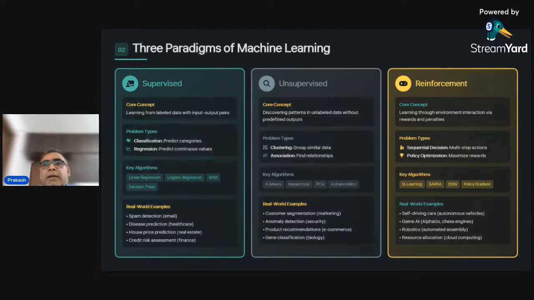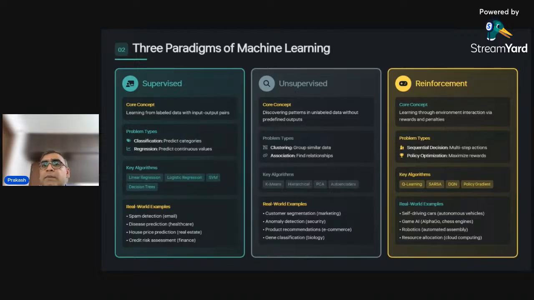Where you think, okay, if somebody bought this, there's a high chance that they will buy others as well, so you show them different ads accordingly. Product recommendation is an example. So that is about association, right? Some other examples you can think about: customer segmentation is a good example of clustering, and anomaly detection as well. Like that, you try to find patterns in unsupervised learning.